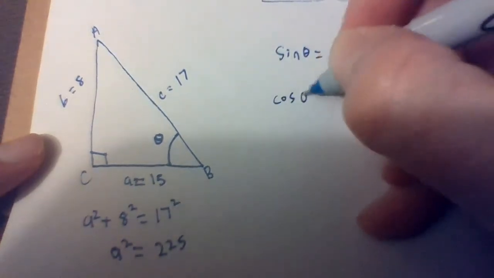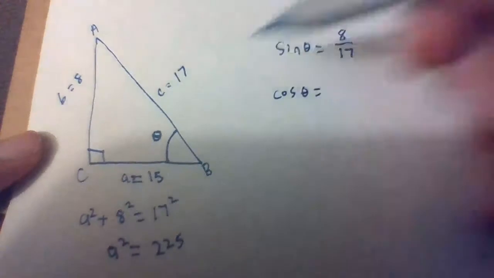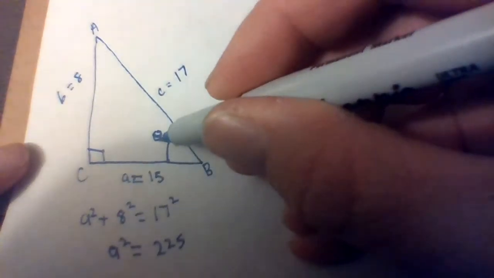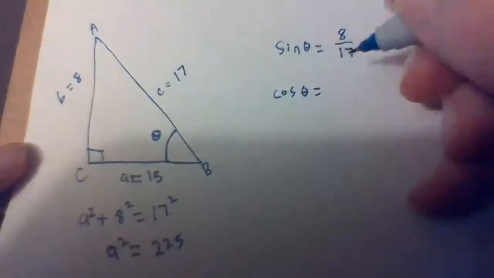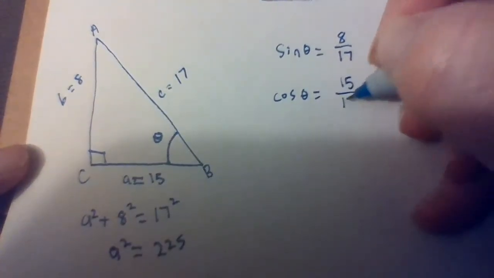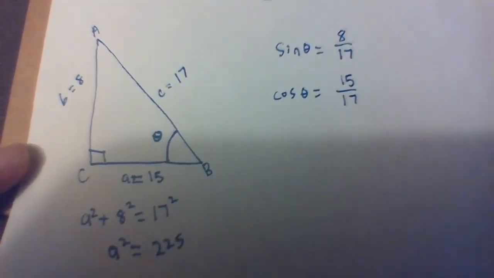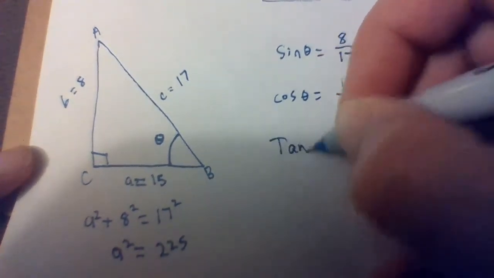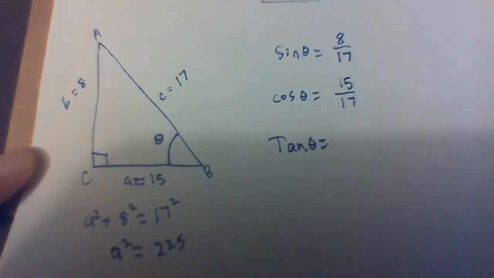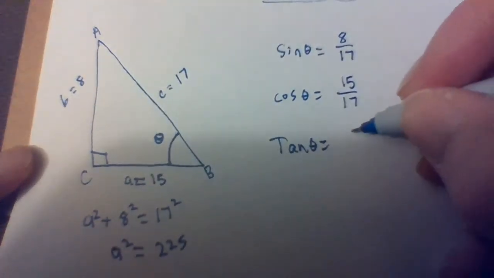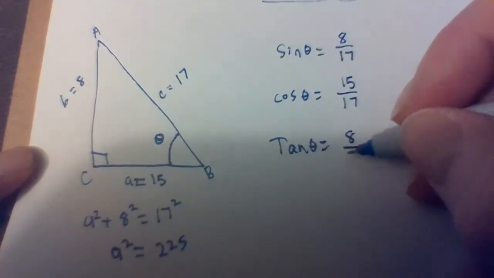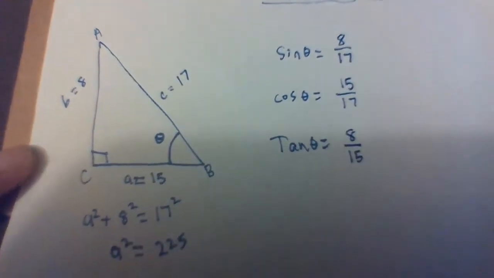Cosine of theta. Cosine of theta is the adjacent side. So if this is the angle that we're using, this is the adjacent side. That would be 15 over 17. And then tangent of theta. Tangent of theta would be opposite over adjacent. That would be 8 over 15.